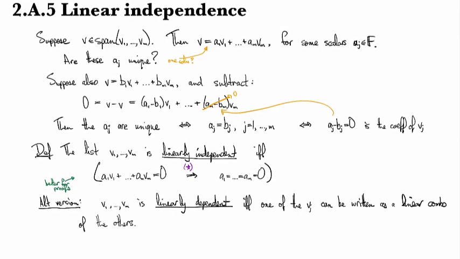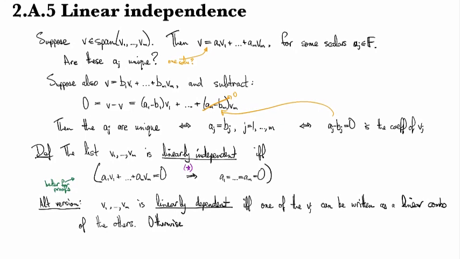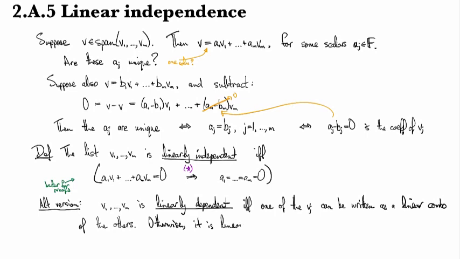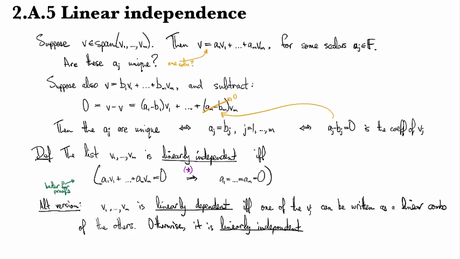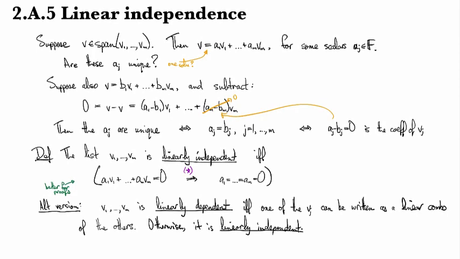And then if that turns out to be false, it is independent. And most of the time I'll just say dependent and independent. I won't bother with the linearly because this is the only kind of dependence we talk about.